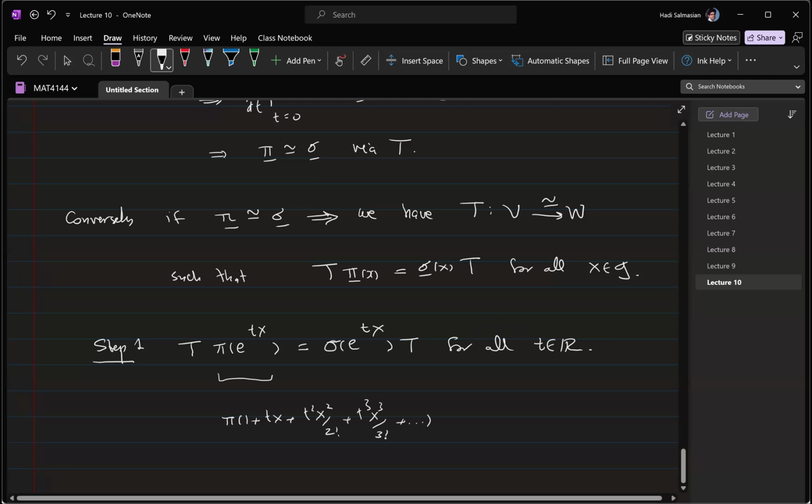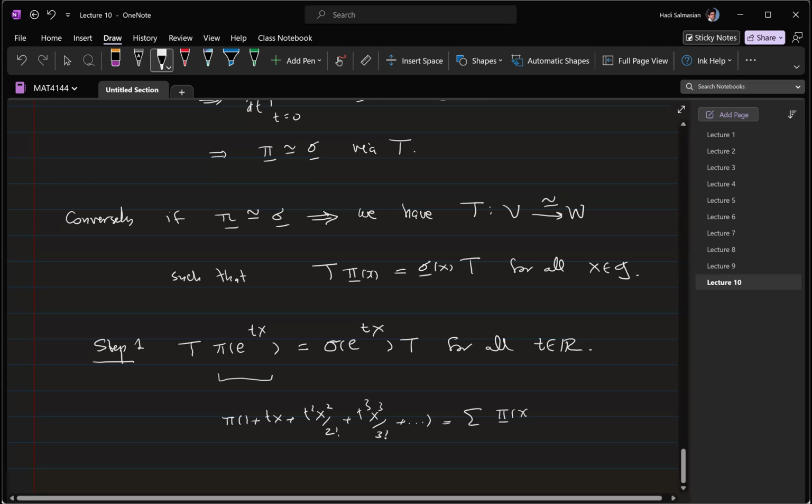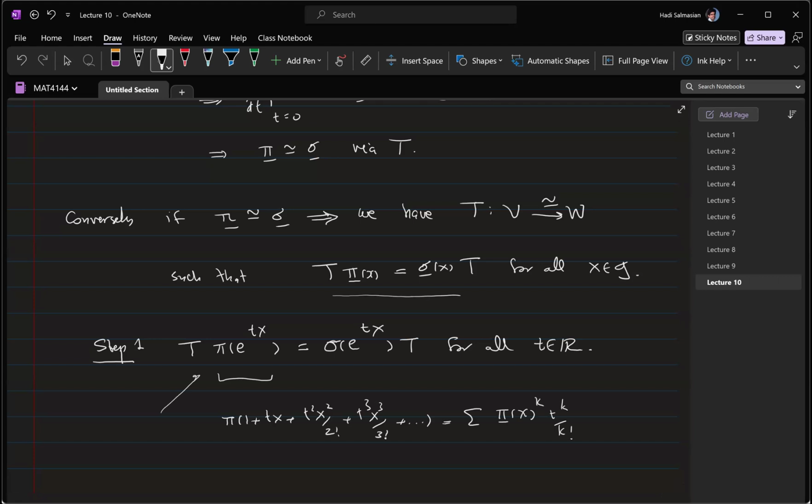And I want to say that this is equal to the sum of sigma pi underline X to the power k, t to the k over k factorial. And then use this relation iteratively to get some relation between pi underline X to the k and sigma underline to the k. And then add all of those relations. Okay, really, this is the idea.